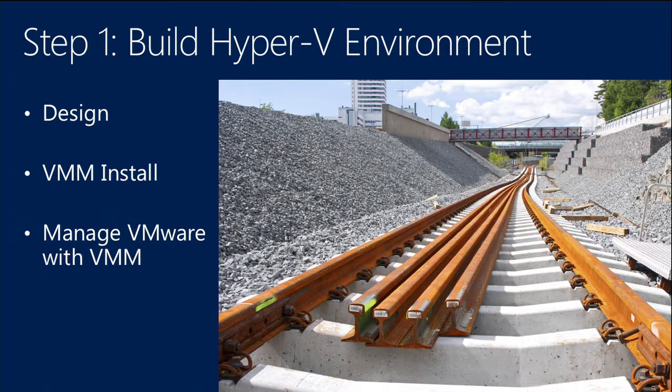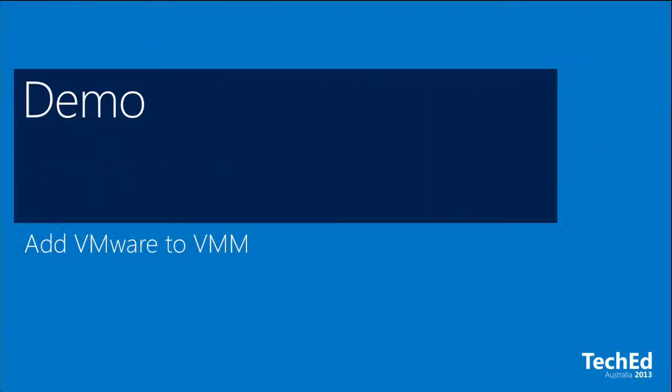This will become important because as you start to build Hyper-V hosts and migrate guests across, at any point in time, which guests are running on VMware and which are running on Hyper-V will change. So it's one good place to see where things are today. Timothy's actually going to run through a demo and show us how to add VMware into VMM.